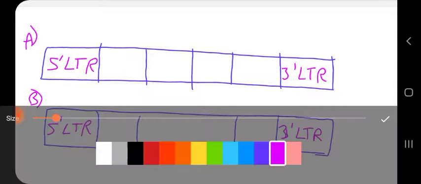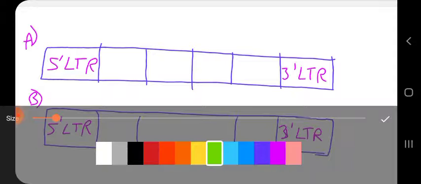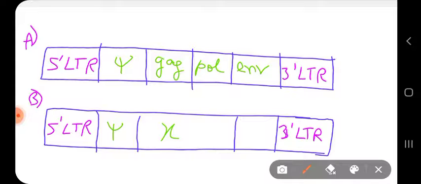Okay, now the other gene sequences: Psi gene, GAG, Pol, ENV, Psi gene, Chi, Rho.